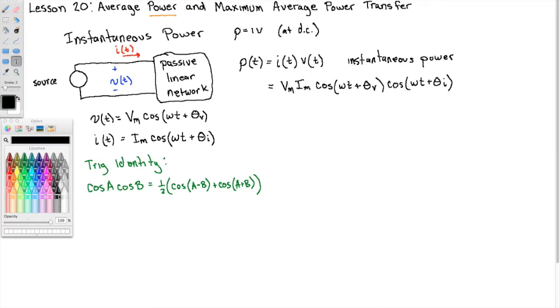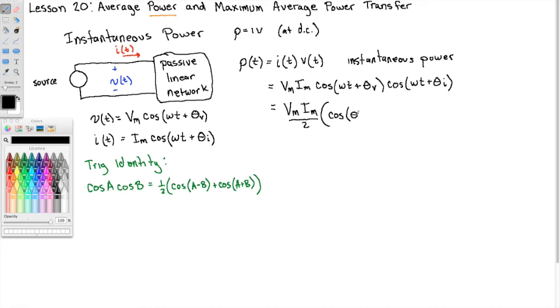So if I make use of that identity over here, where I call this thing A, omega t plus theta v, and this thing B, omega t plus theta I, then I get the instantaneous power is Vm Im over 2, cosine of this thing, omega t plus theta v, minus this thing, so the omega t's drop out.